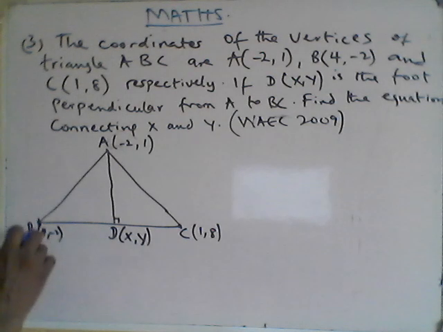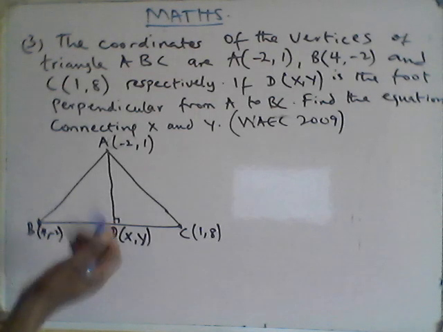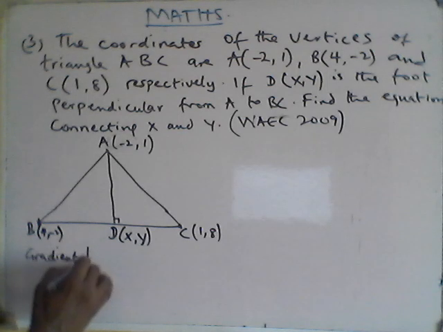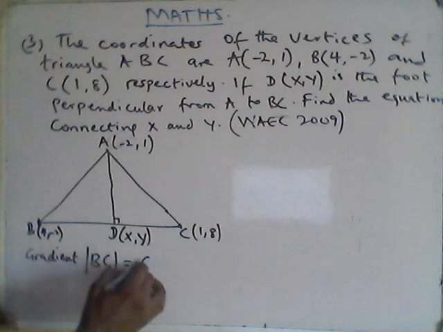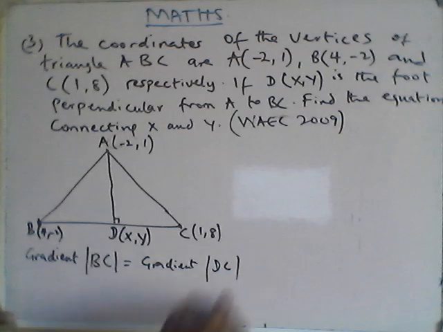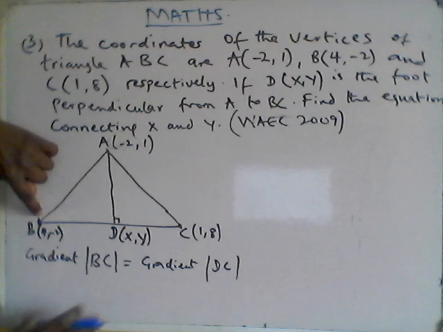So I can get the gradient of B to C and equate it to the gradient of D to C, for instance, or B to D. Any one I can take is the same thing, but I want to take D to C. So I will now say, gradient of line BC is equal to gradient of line DC.